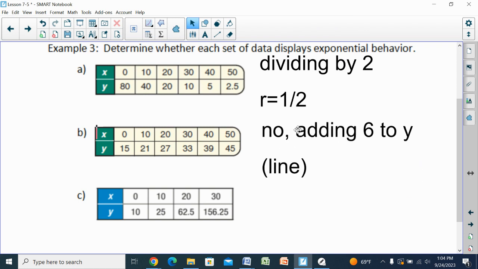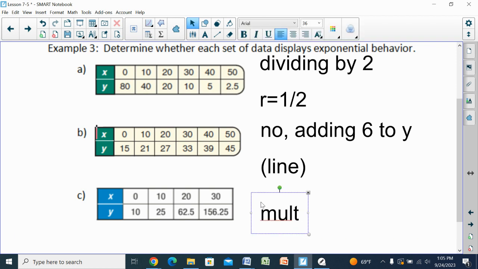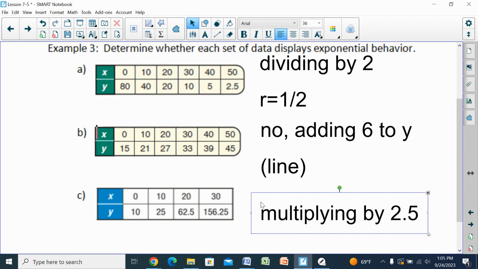And letter C, does this set of data display exponential behavior? My x's are increasing by 10 every time. That's awesome. I notice my y's are getting bigger, so I'm multiplying. If I play around with my calculator a little bit, I might figure out that it's multiplying by 2.5.